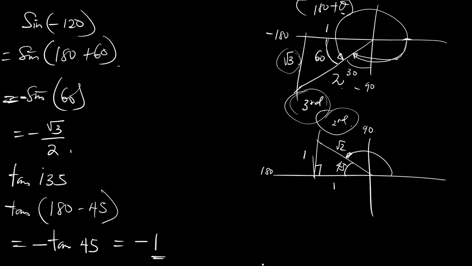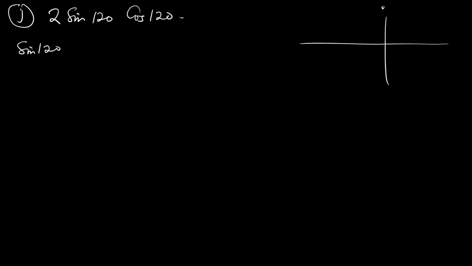Then the next one, we are asked to find 2 sine 120 cos 120. Now, let's look for sine 120. Let's look at the quadrants. It's more than 90 but less than 180, so it falls on the second quadrant. And in the second quadrant, only sine is positive.